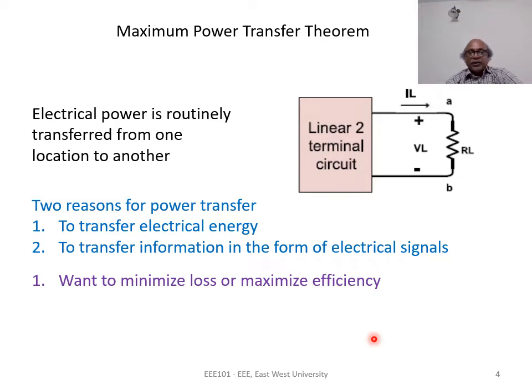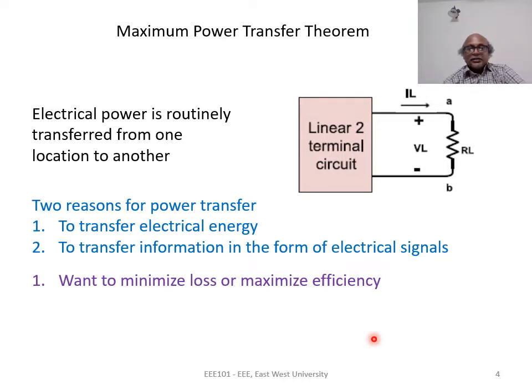However, the principle is different when we want to transfer information in the form of electrical signals. When we transfer information, we want the quality of the information or the quality of the signal at the receiving end to be good. Now, why does the quality degrade when we transmit electrical signals?